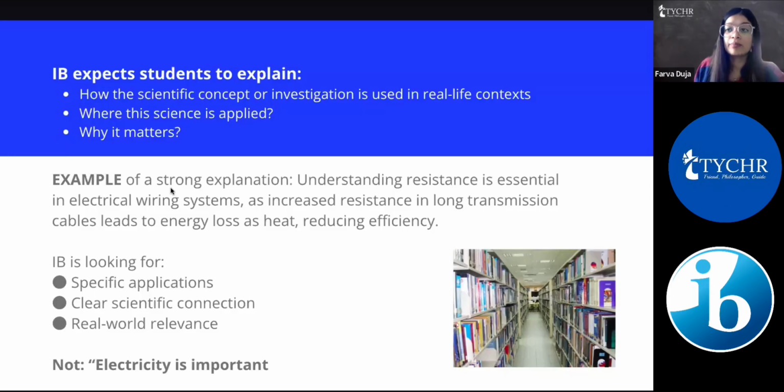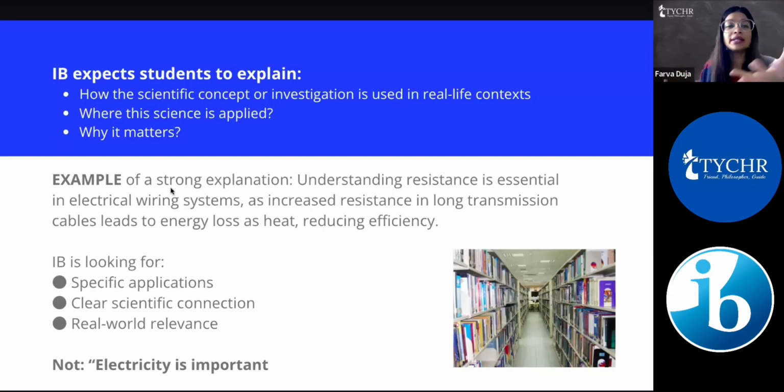Because now, for example, through an experiment, if I found a way to reduce the temperature of something, or if I'm able to reduce the amount of carbon dioxide that is emitted in an experiment, I can write this matters. Why? Because it's going to help our climate crisis.